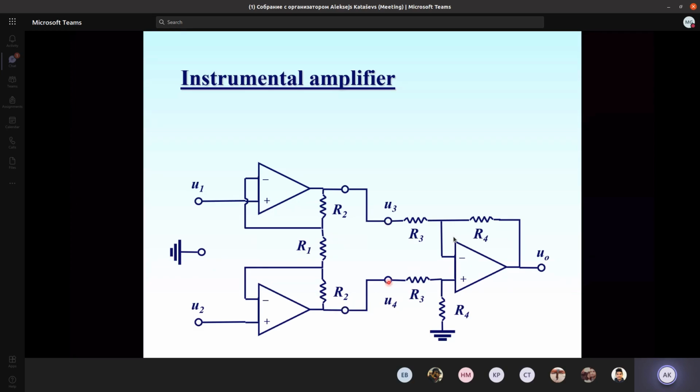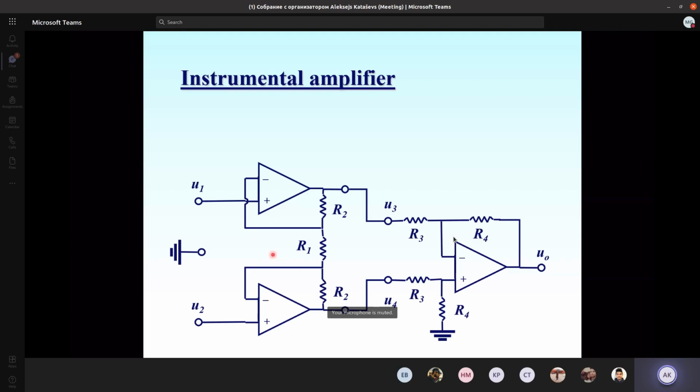Actually, U4 minus U3 is the voltage drop over this whole chain R2, R1, and R2. So the difference of voltage between these two points is the voltage drop over this whole long chain. And how could we calculate this voltage? Let's see how we get it.